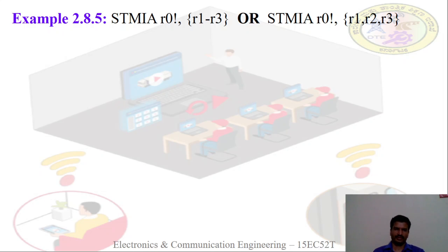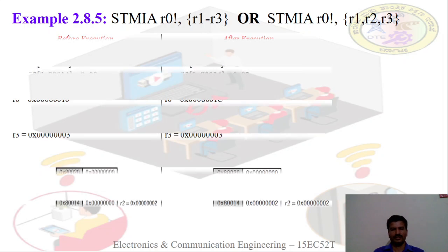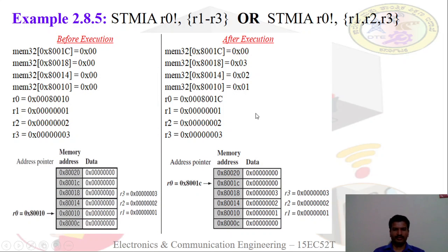So now take the store operation. Till now we have discussed load. Load means memory to register. Store means register to memory. So multiple registers. This is the initial value.